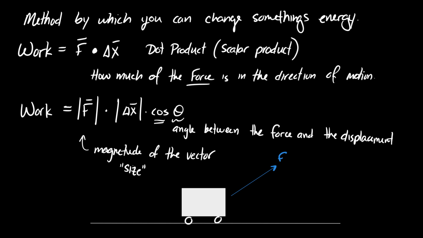And because of that force, maybe the cart moves this way with some displacement. This dotted line represents the direction of the displacement. So this angle would be the angle between the force and the displacement.